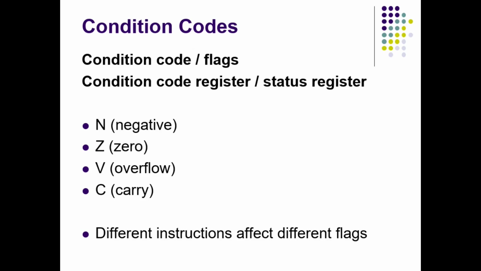If the zero flag is 1, the result is 0. Otherwise the result is non-zero. Similarly, the overflow flag indicates if there is any overflow during signed number operations, and if there is a carry during unsigned number operations, the carry flag is set to 1. Otherwise, the carry flag is set to 0.